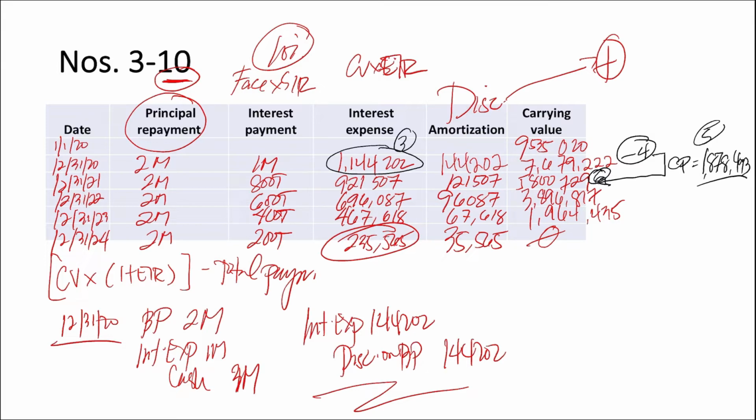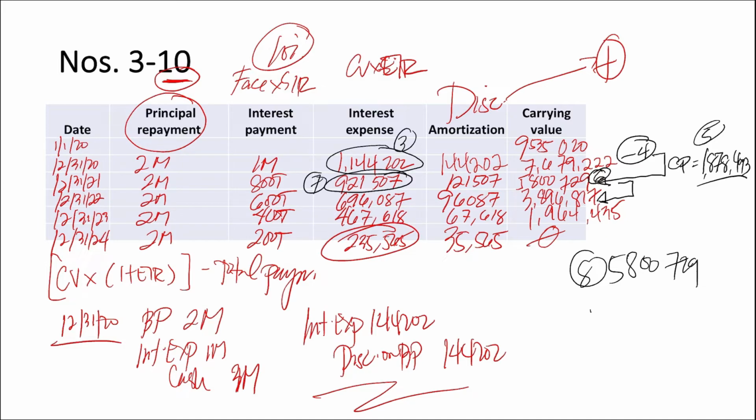Number 7, interest expense 2021, 921,507. That's number 7. Number 8, our answer, dito ko na nalagay, 5,800,729. Number 9, current and non-current portion. So, since ang current year is 2021 na, so 5,800,729 minus the next period.